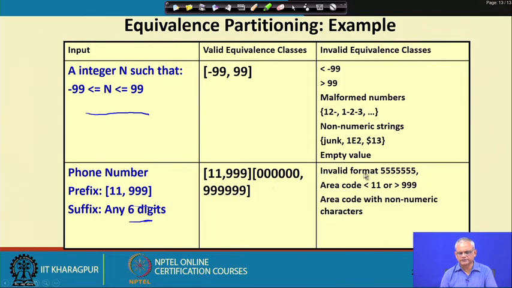For example, we might have invalid formats, an area code less than 11 or greater than 999, or an area code with non-numeric characters. These are the invalid equivalence classes.